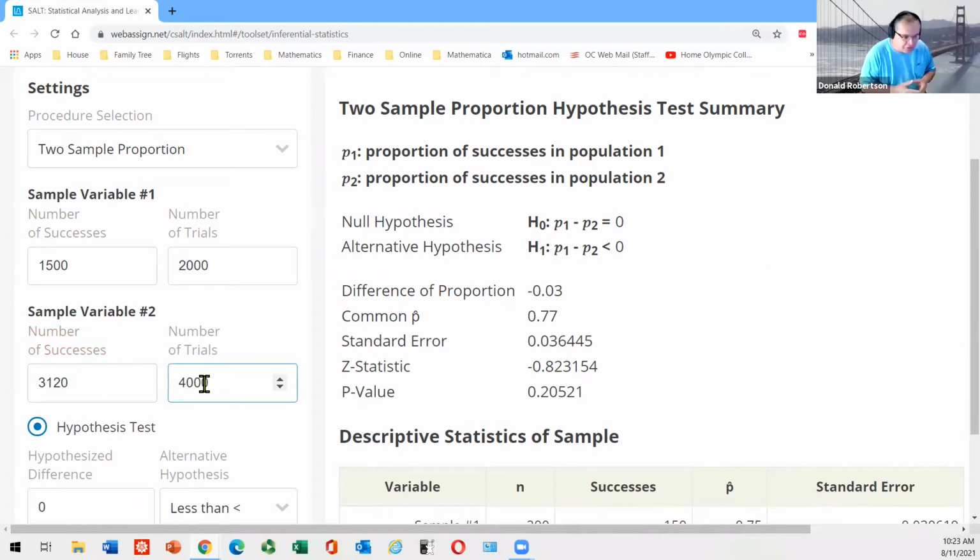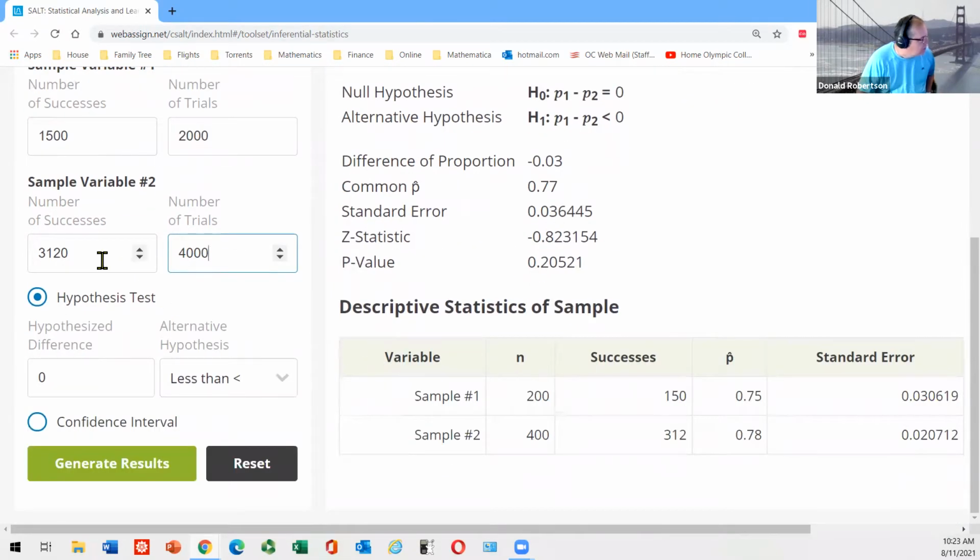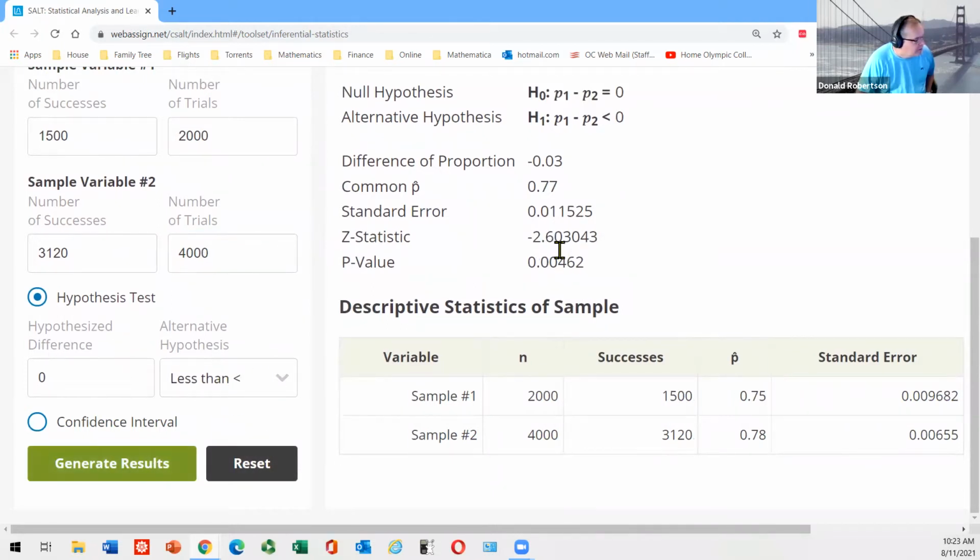That's all I've basically done is up everything by a factor of 10. Everything else stays put. Generate. Do you see that test statistic is now that number? And can you see that your p-value is now less than 0.01?